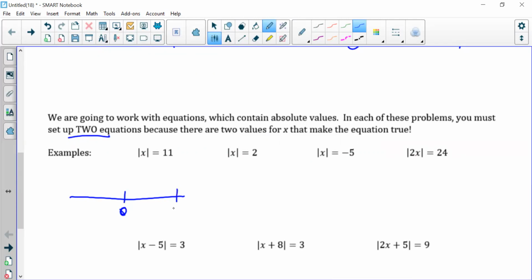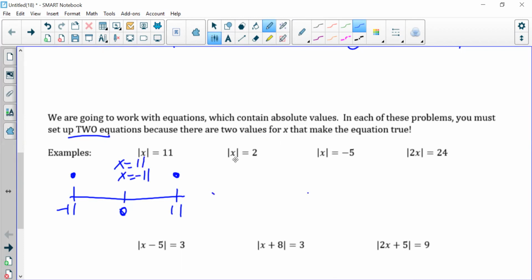Well, positive 11 is 11 units away, but -11 is also 11 units away. So the answers are -11 and 11. Visually, that's there. So my answer is x equals 11, x equals -11.